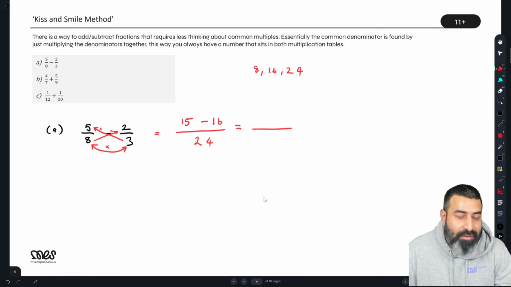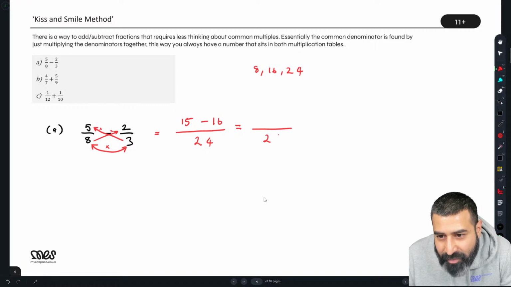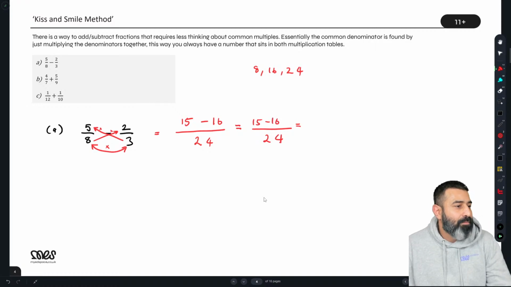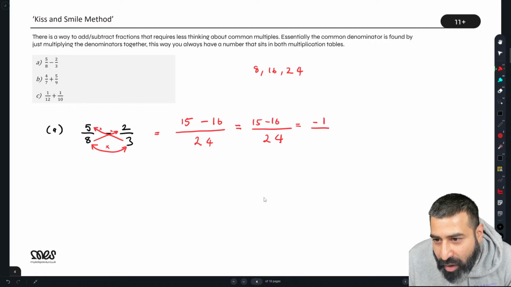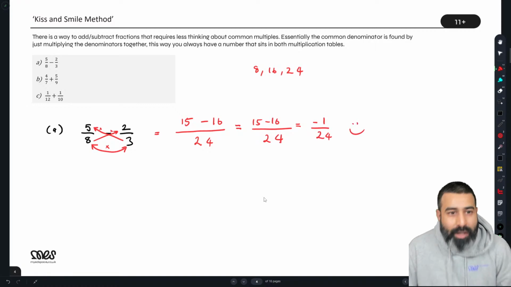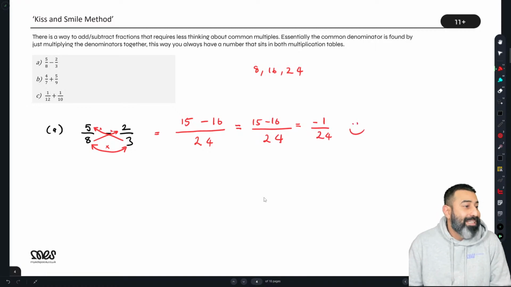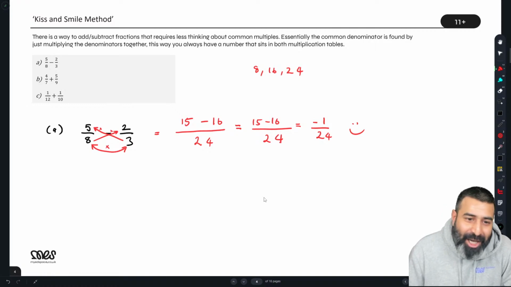Have a look. It's actually going to be something over 24. But what's 15 take away 16? What's that? Yes, Izan's got it. So 15 take away 16 is minus 1 over 24. Well done. Yes, nice, MD. Good. Okay.